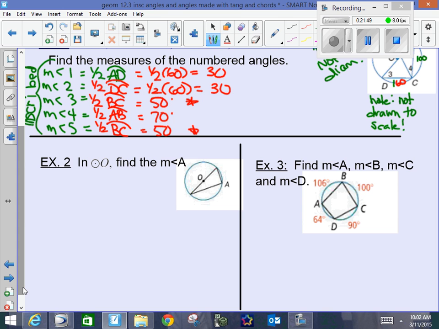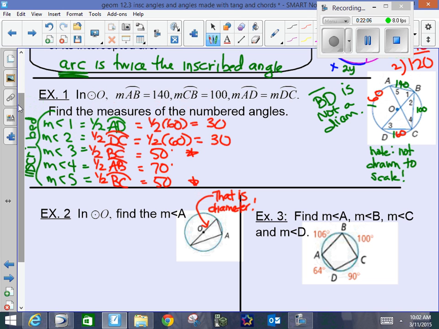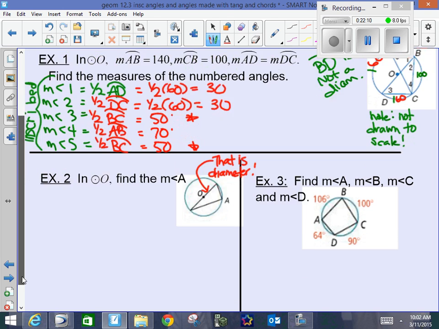Okay. Circle O again. Now this time, this is the diameter. There's a square on it. That is a diameter. That's how we'll be looking at it. See how this was off? That is not a diameter. So this was a diameter.